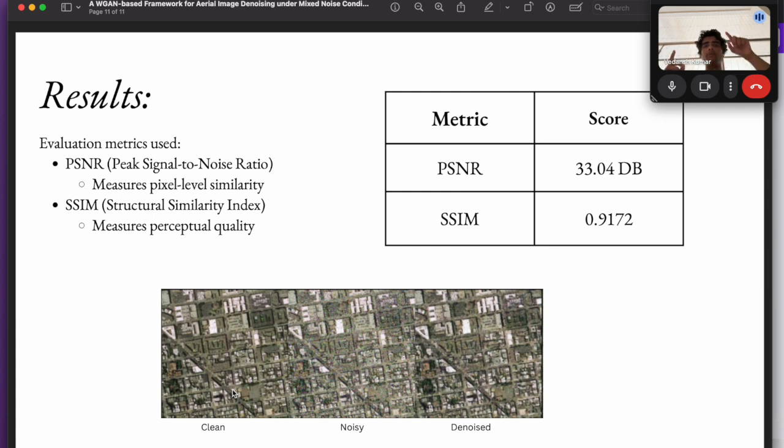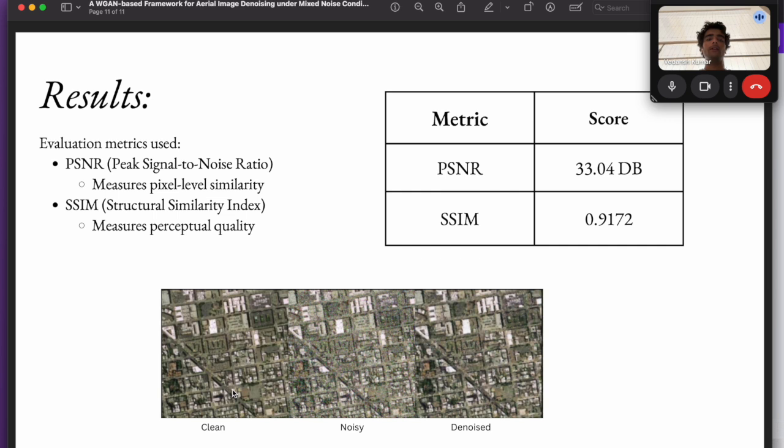Is the shape of the building in the clean image and my denoised image the same, or is it different? For PSNR, my image will contain noise and the actual signal, so it will calculate the difference between them and give us a ratio with the maximum pixel value present.